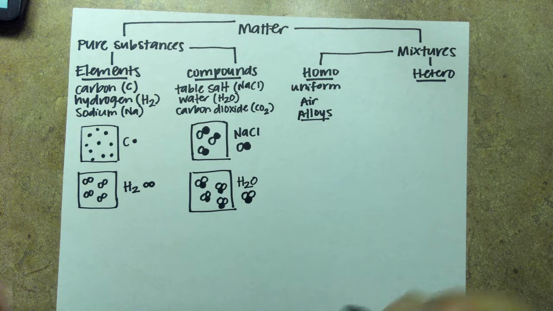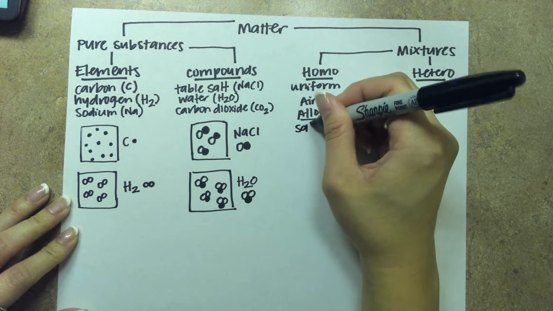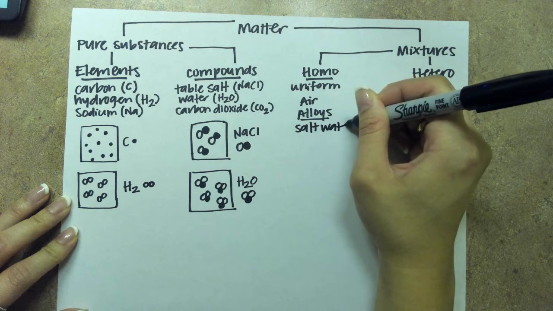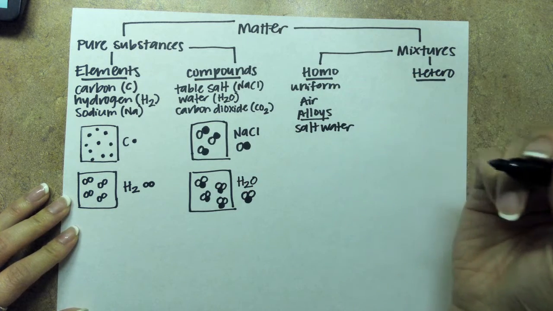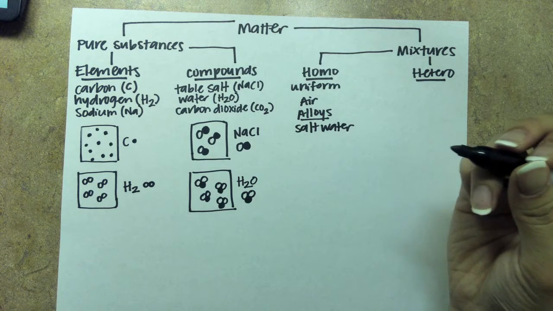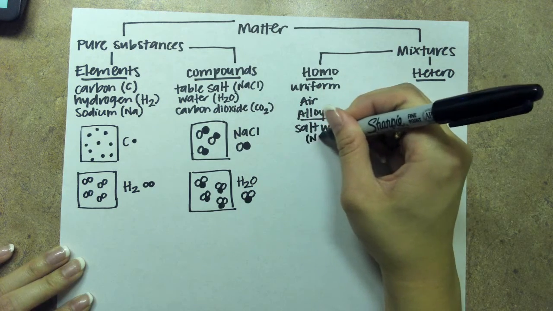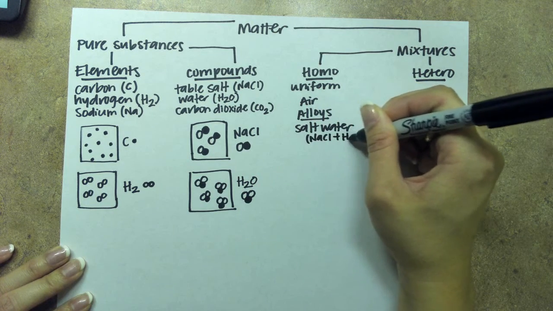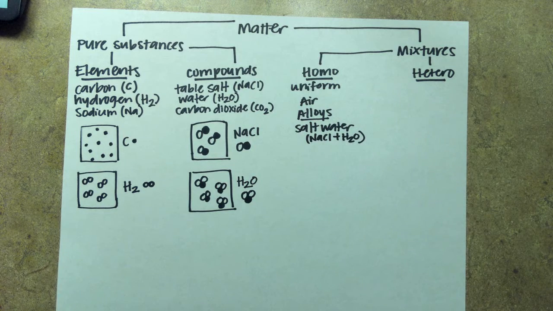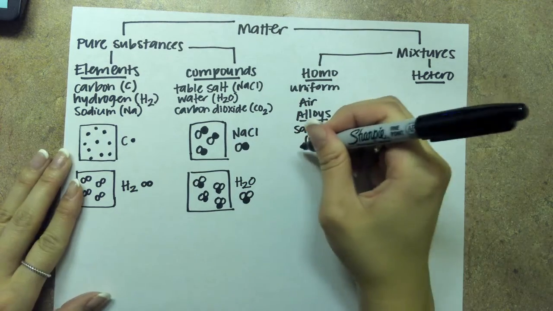And then another example would be something like salt water. So if we were to write that as a chemical equation, it would be NaCl plus H2O. And then another example of a homogeneous mixture is my favorite drink, sweet tea.